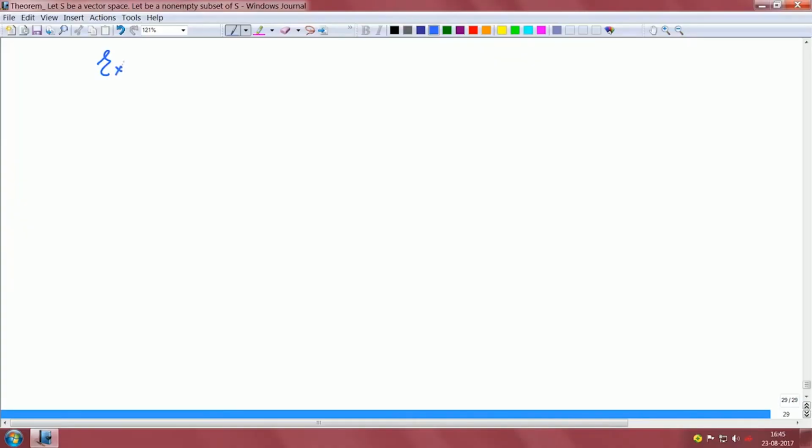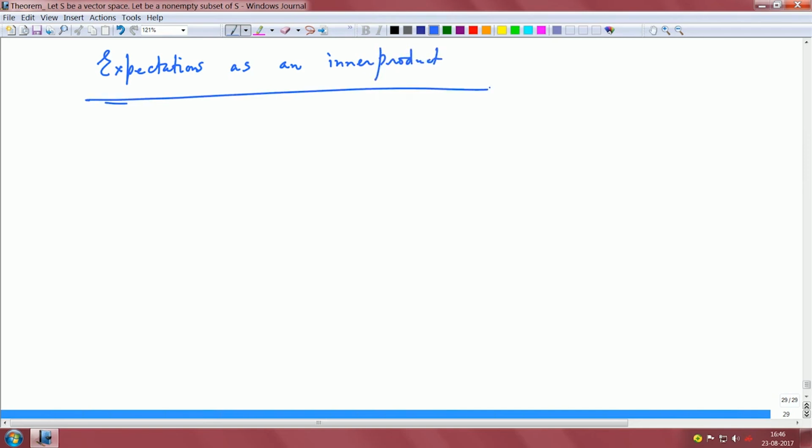Now just an aside, can we think about expectation of a random variable in terms of an inner product, right?